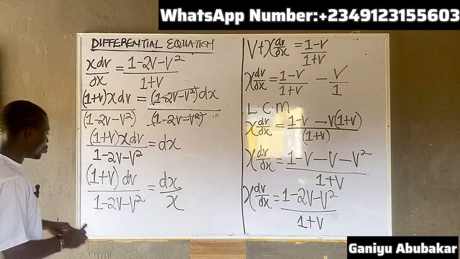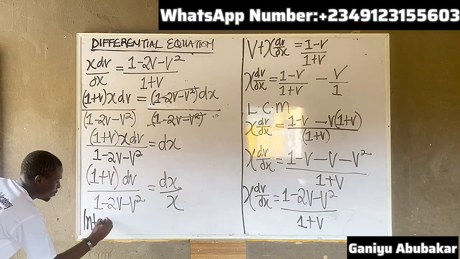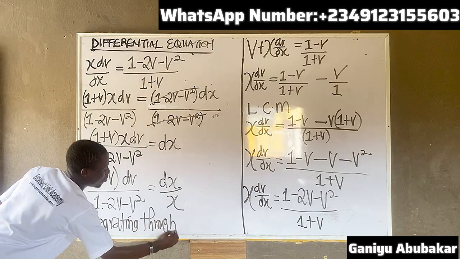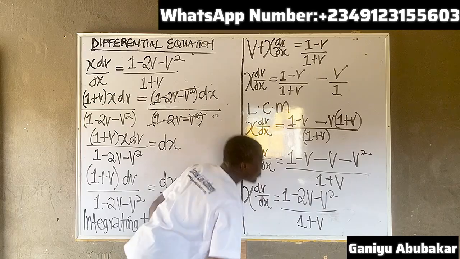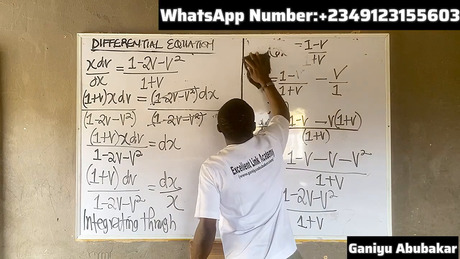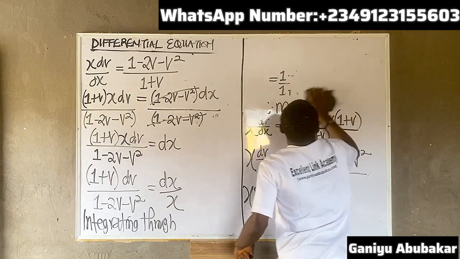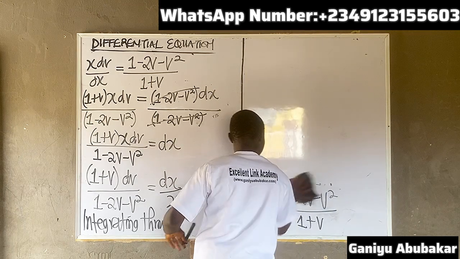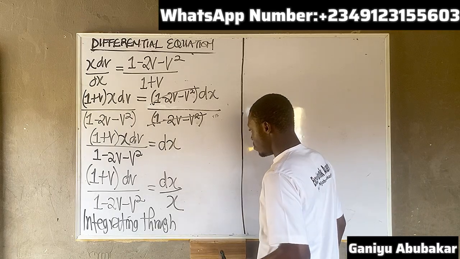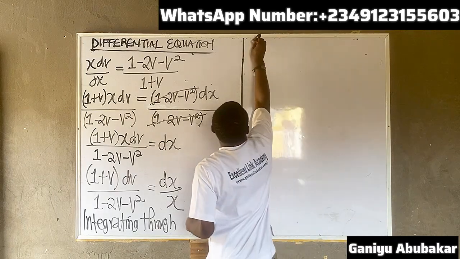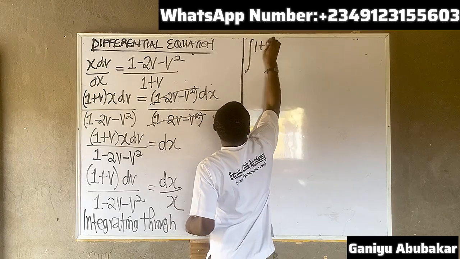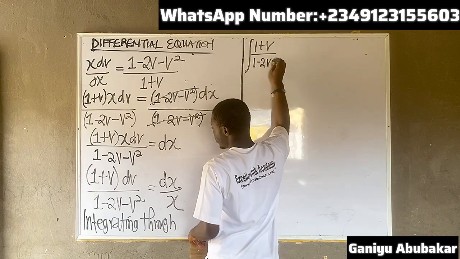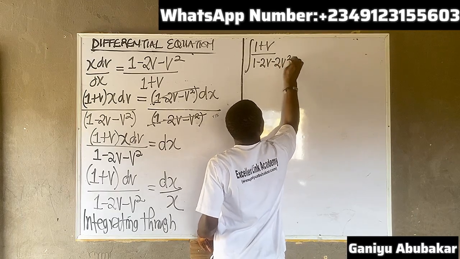Next part here, integrating through. From here, that gives you the integral of 1 plus v all over 1 minus 2v minus v squared.